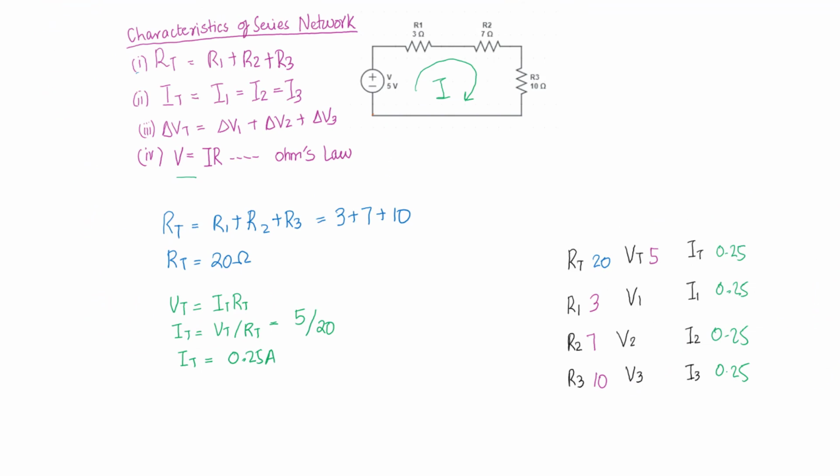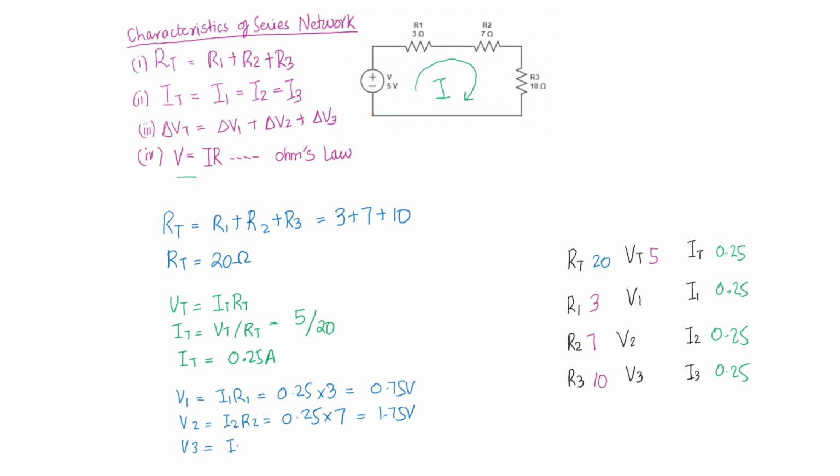Now, when we have all the resistors and the currents, we can easily find the voltages across them. So V1 would be I1 times R1, which is 0.25 into 3 ohms, which is 0.75 volts. V2 is equal to I2 into R2, 0.25 into 7, which would be 1.75 volts.